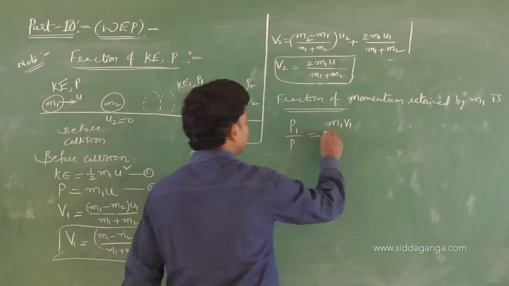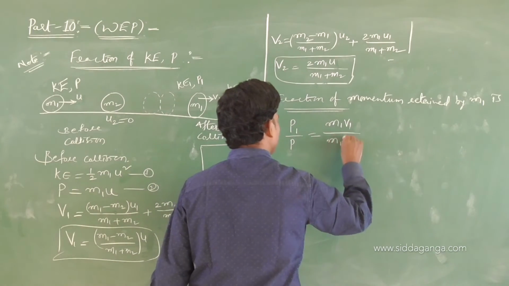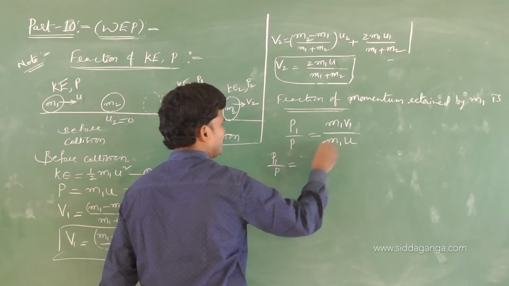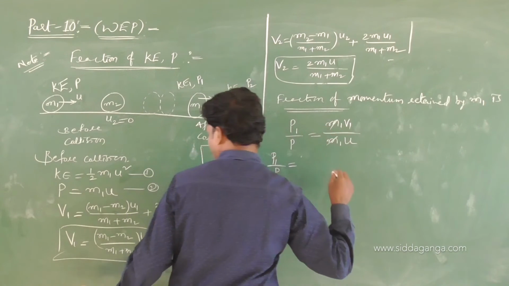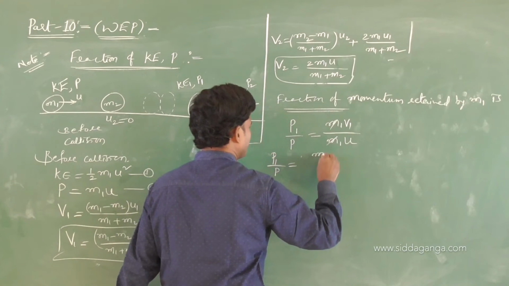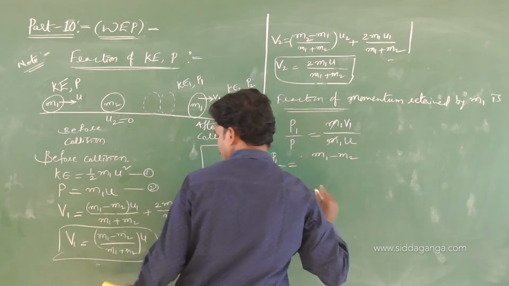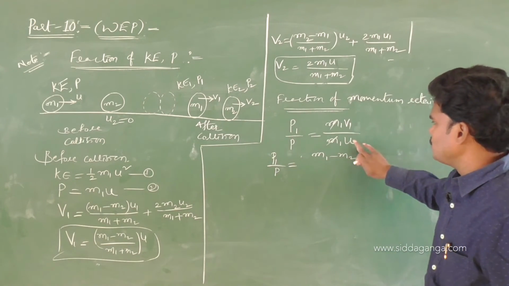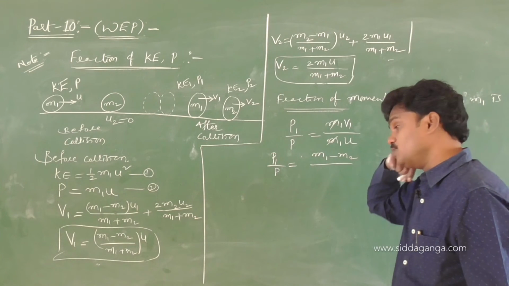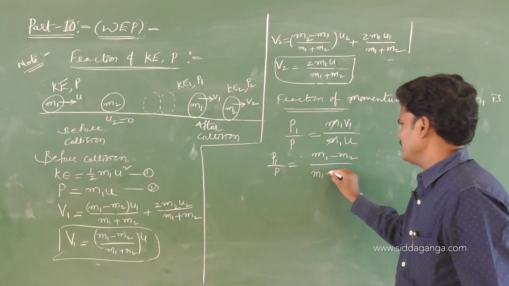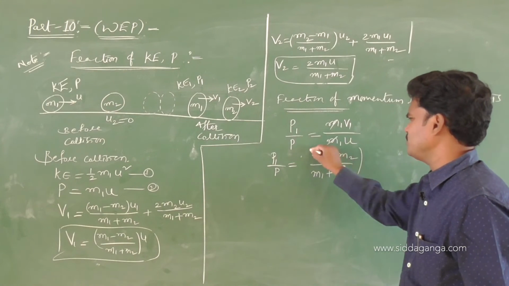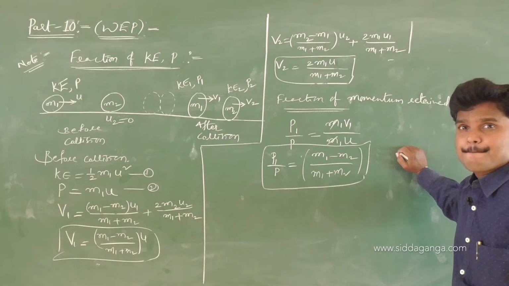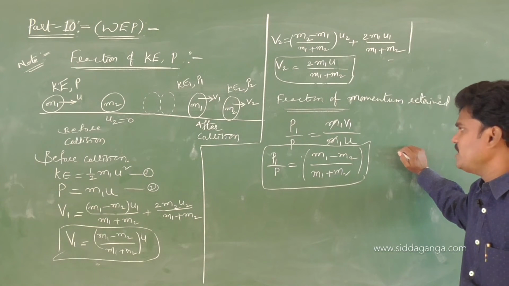P is the momentum of the first particle before collision, m1 u. Then substitute the v1 value. P1 by P, m1 gets cancelled. What is v1? v1 we got this one. So directly we can write v1 by u value, m1 minus m2. Take this u left. v1 by u value from that equation is m1 minus m2 by m1 plus m2, divided by u. So this is the fraction of momentum retained by m1: m1 minus m2 by m1 plus m2.